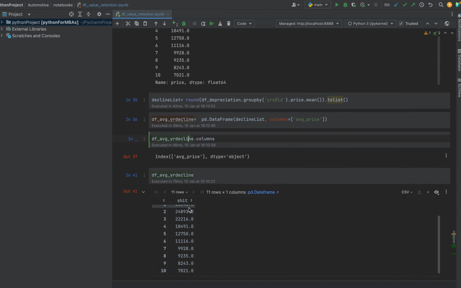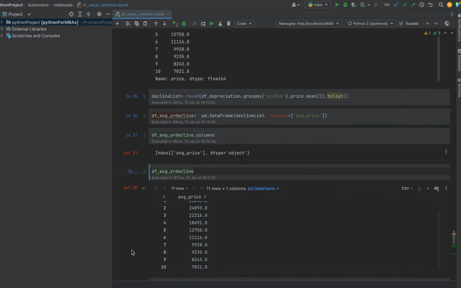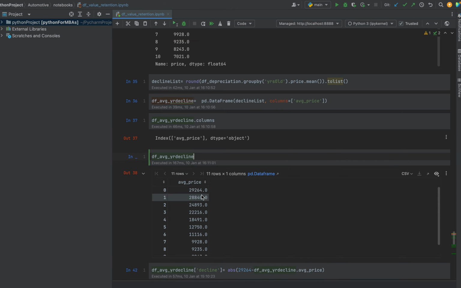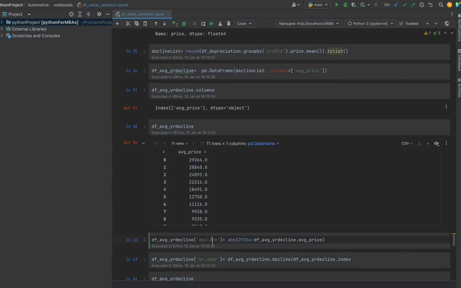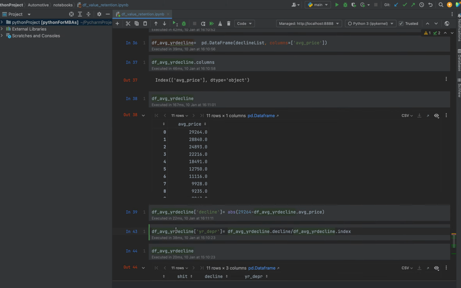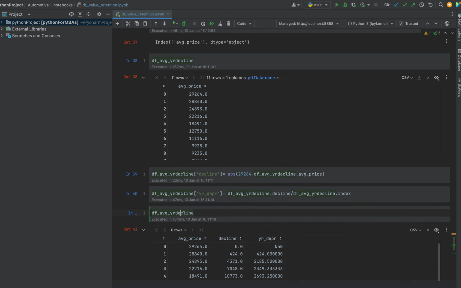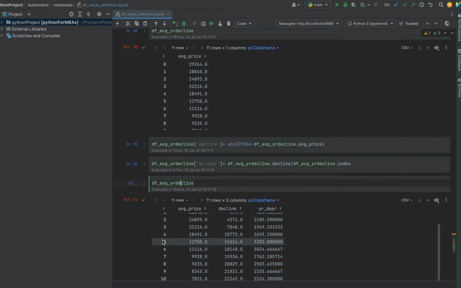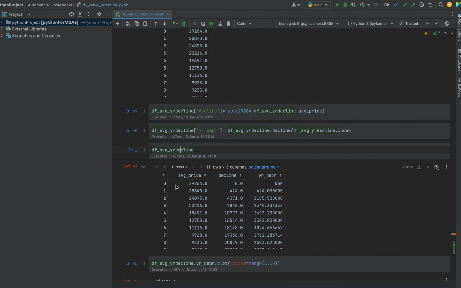And then I added another one where I calculated how much it declines. So this is basically another column.